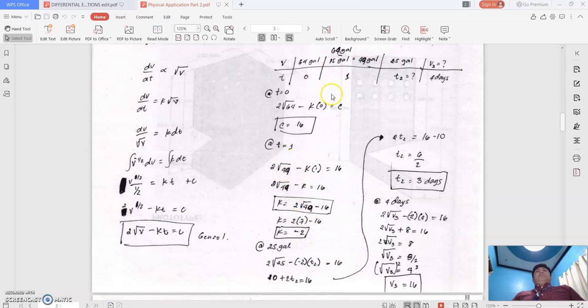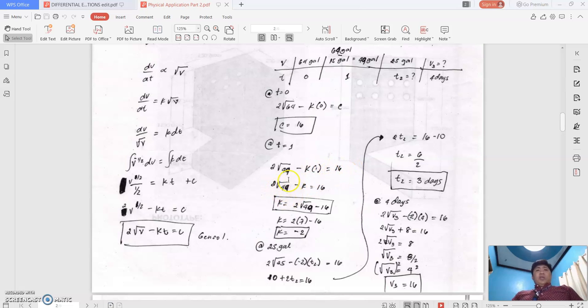At the first day, just substitute. How many gallons remain? That is the volume that remains, that is 49. Minus K times 1 equals 16.